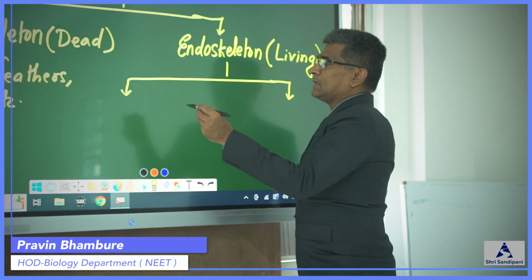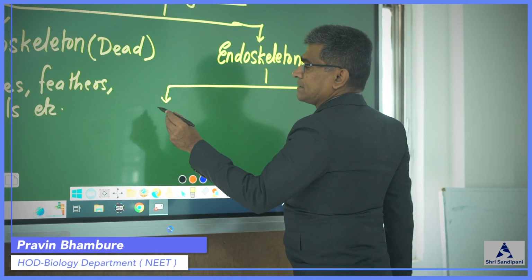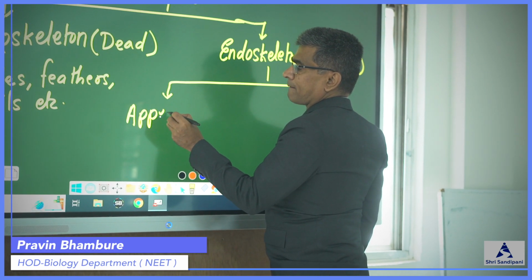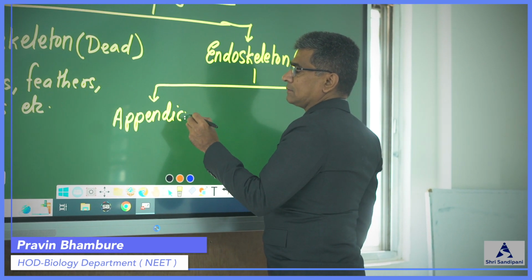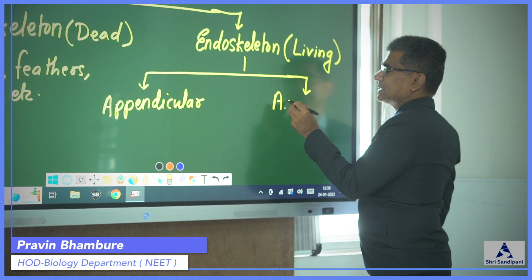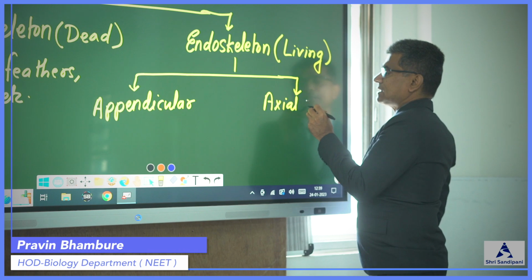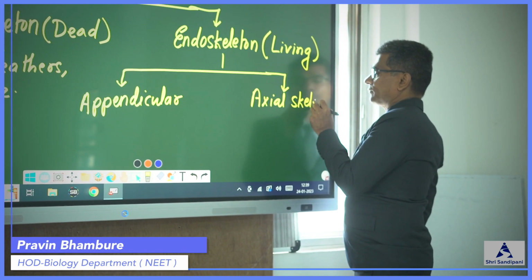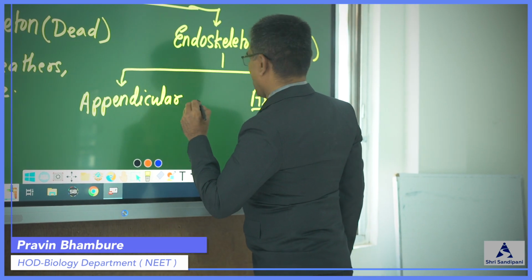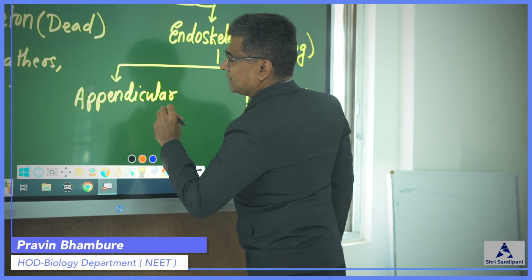Say for example, endoskeleton could be divided into appendicular and the other one is called axial skeleton.